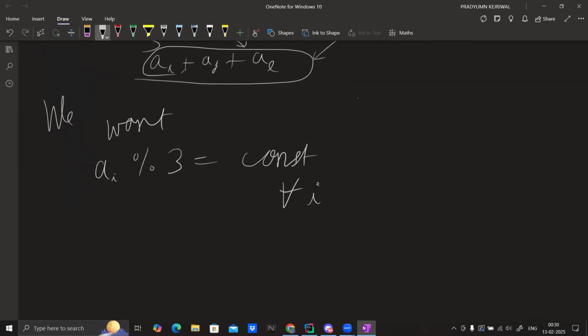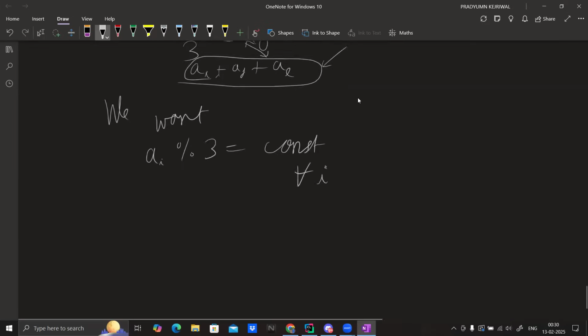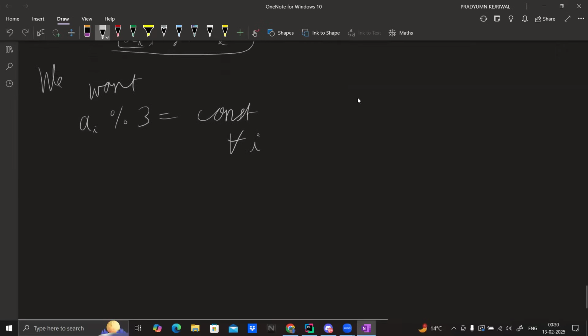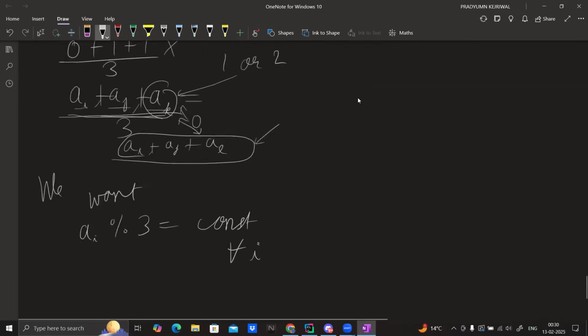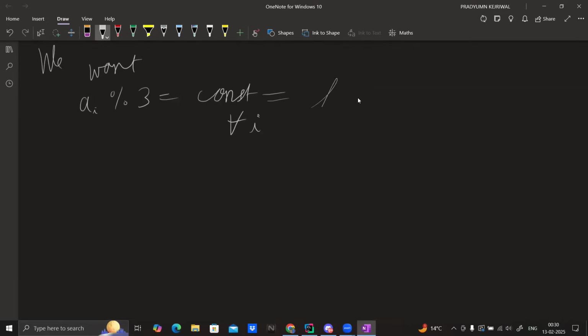So actually what you can say is, let's say this constant is k1, AI mod 2 is equal to k1, so k1 can be either 0 or 1, and AI mod 3 is equal to k2, so k2 is either 0, 1 or 2. So we want AI mod 2 equal to k1 and AI mod 3 equal to k2.